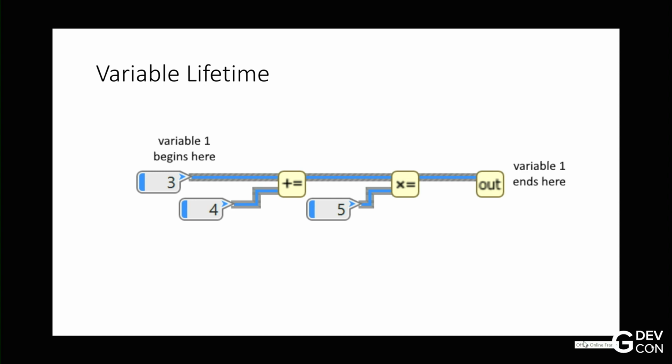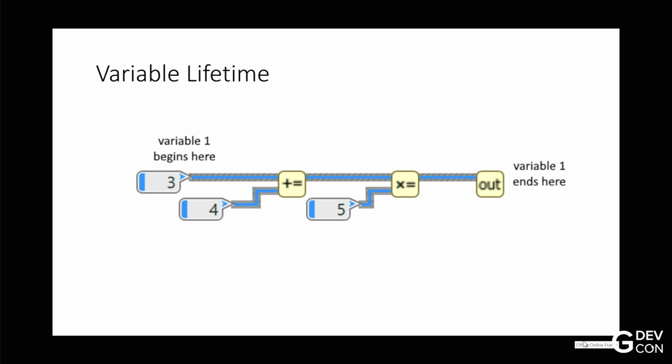Now, I think the main thing to take away from this concept of wires as variables is that what it enables is a more flexible notion of what the lifetime of a variable is. So in G, in all the value container examples I cited, a variable exists within the confines of a particular structure, like shift registers are bound to the structure that they're on either side of, unless they're uninitialized, and that's a different story.